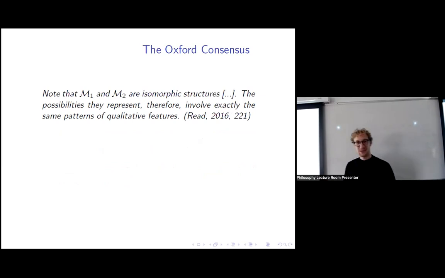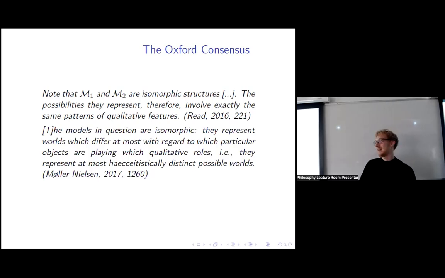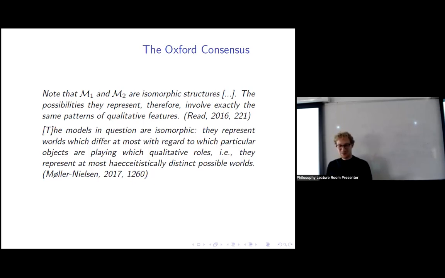We've got James Read as well, who says something quite similar. When M1 and M2 are isomorphic structures, they represent the exact same pattern of qualitative features. And Thomas Møller-Nielsen, again very similar in spirit: the models in question are isomorphic. They represent worlds which differ at most with regard to which particular objects are playing which qualitative roles, i.e. they represent worlds that are at most haecceitistically distinct.